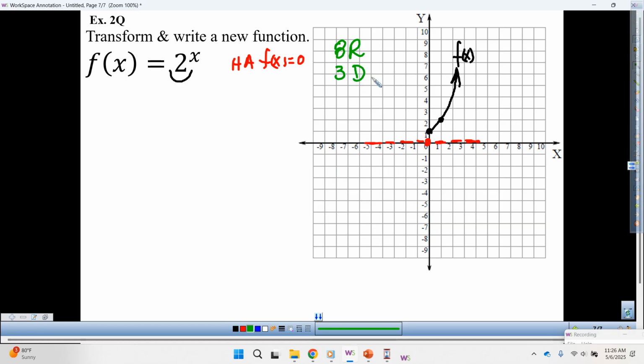Once you do that, write your new function. I'll give you a head start. Go. While you're doing that, I'm going to write my general rule again, just so I can guide myself.